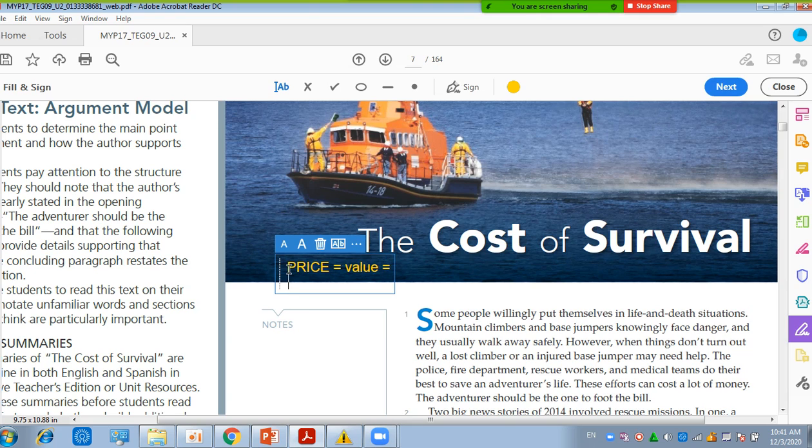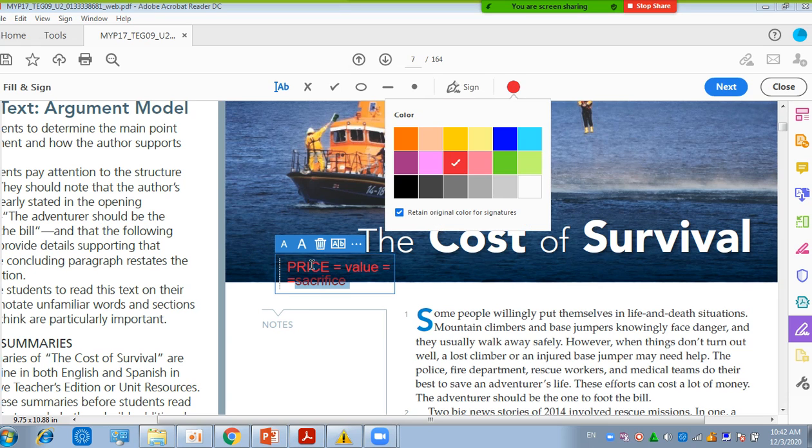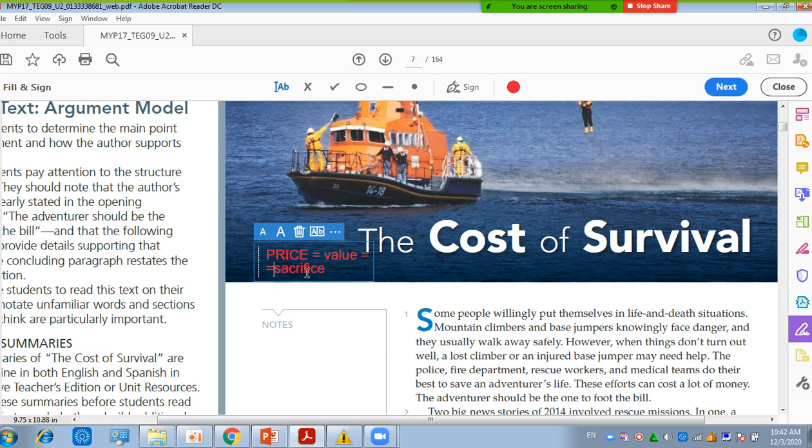Within the context here, it means the sacrifice that you are going to pay, or the penalty, the kind of punishment that you are going to pay in order to stay alive.